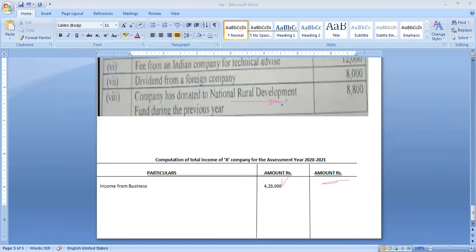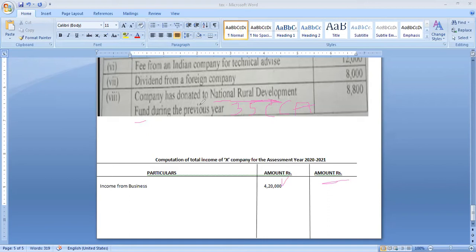So kindly note, under section 35 CCA, whatever amount is given to NRDF, National Rural Development Fund.